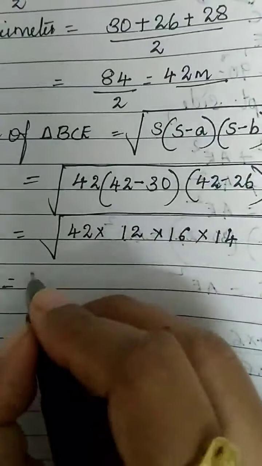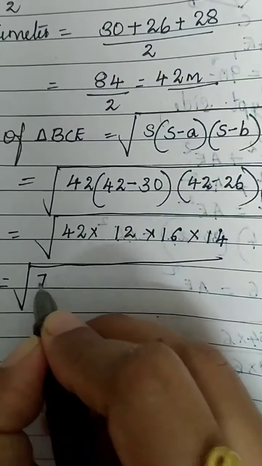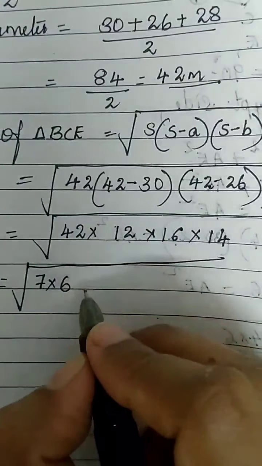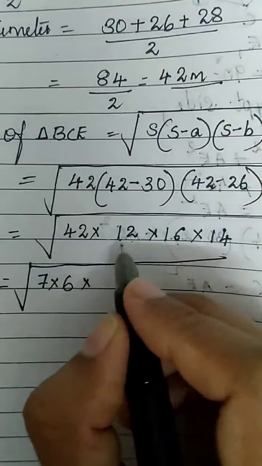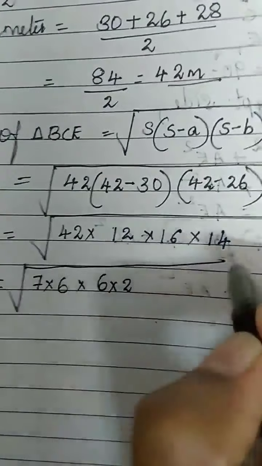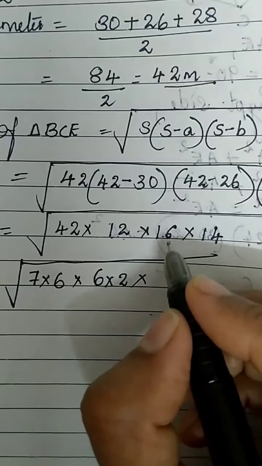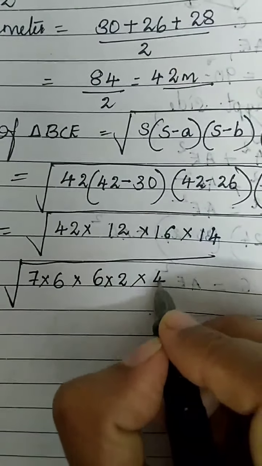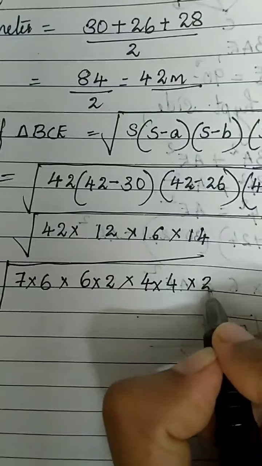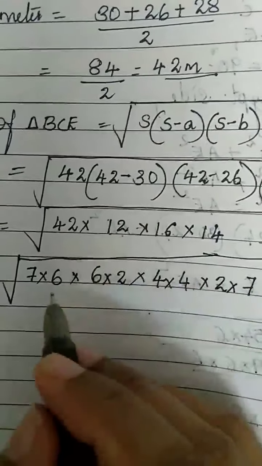Now, please make the calculation easy. 42, we can write it as 7 6s are 42. Now, I'll try to write this in the form of 6, 6 2s are 12. Now, this we will write as 4 4s are 16, right? And 14 I'll write as 2 into 7. Now just see, all are in pair.